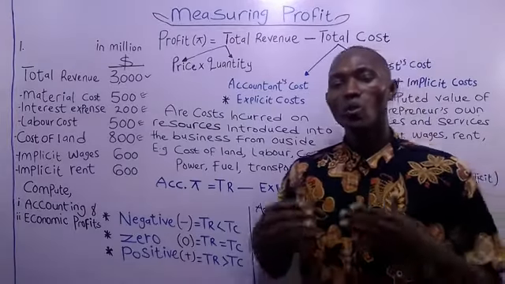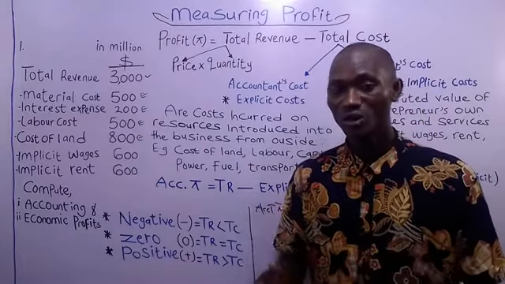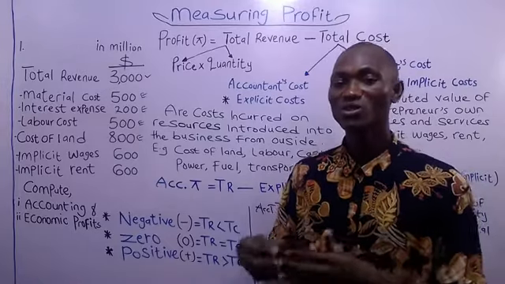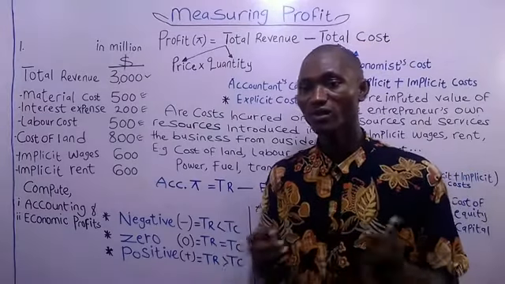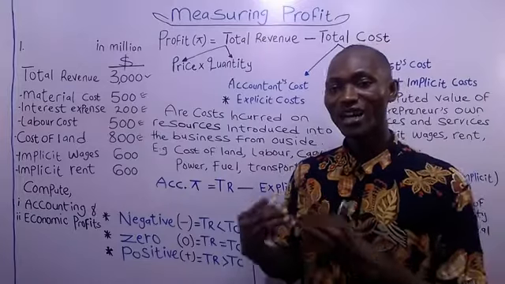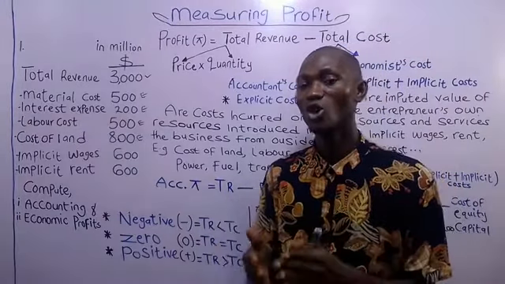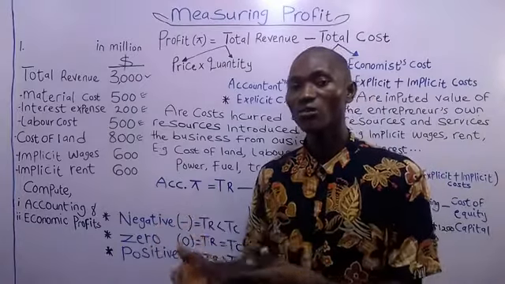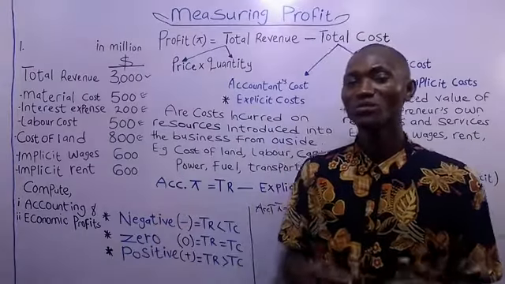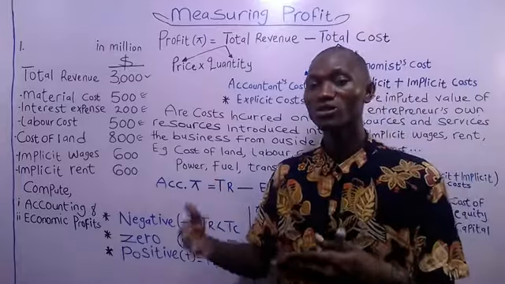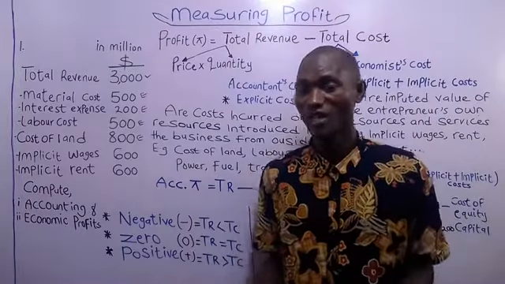And when economic profit is zero, accounting profit is usually positive. Like we said, accounting profit can either be equal to economic profit or greater than economic profit, because accounting profit does not include all opportunity cost, which is the cost of equity.